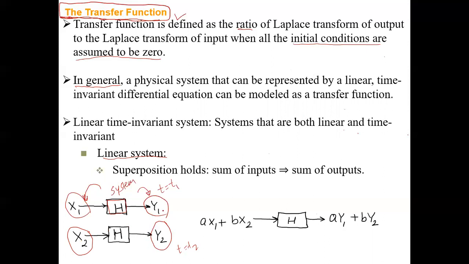If this system is linear, when you add x1 and x2 together, your output should be y1 and y2 together. So if you combine the input, you can combine the output.